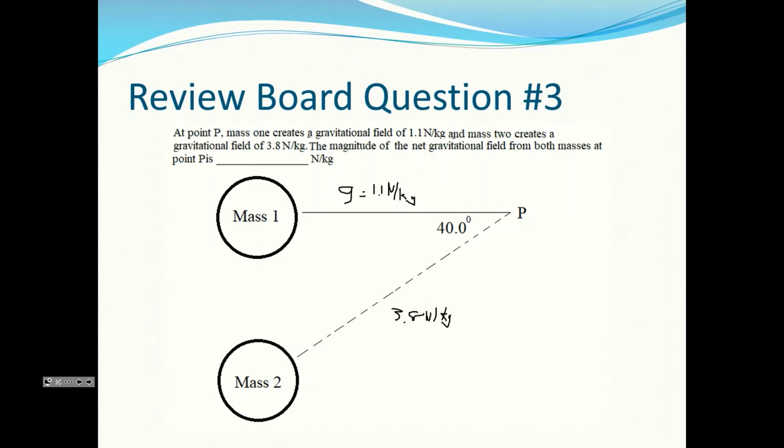The magnitude of the net gravitational field from both masses at point P, well, this gravitational field is going to go to mass 1. This gravitational field is going towards mass 2 here. And then they say that this is 40 degrees. Okay, so let me switch to this.